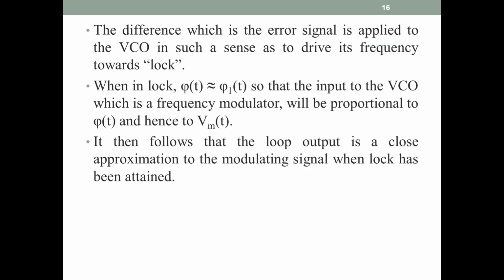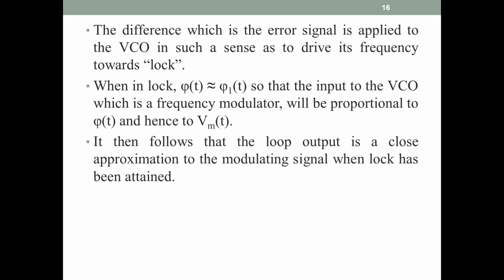The difference, which is the error signal, is applied to VCO in such a sense as to drive its frequency towards lock. When in lock, φ(t) is approximately equal to φ1(t), so that the input to the VCO, which is a frequency modulator, will be proportional to φ(t) and hence to vm(t).